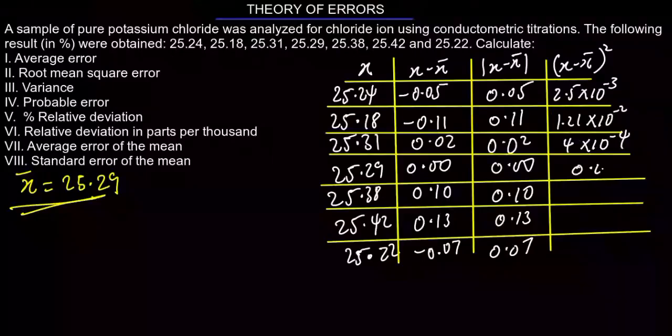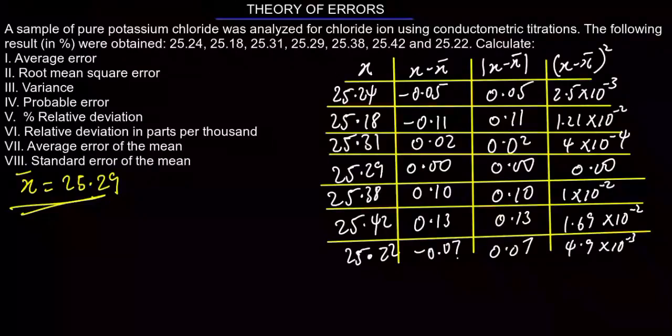This gives me 0.00. This gives me 1 times 10 raised to the power minus 2. This gives me 1.69 times 10 raised to the power minus 2. And lastly, this gives me 4.9 times 10 raised to the power minus 3. Let me cross check that again. 0.07 squared, yeah, 4.9 times 10 to the power minus 3.